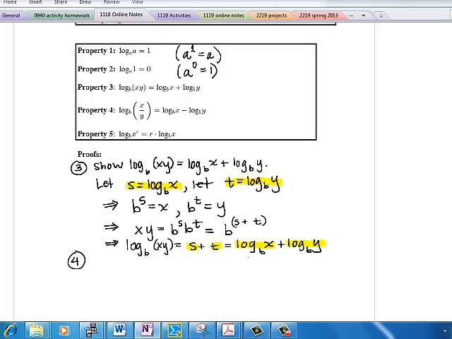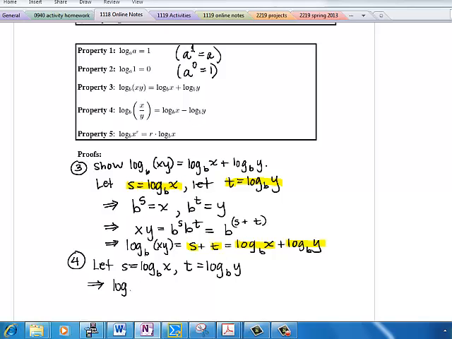The proof of the fourth property is going to be very similar. We'll say let s be the log base b of x and t be the log base b of y. Then we want to look at the difference of the logarithms this time.